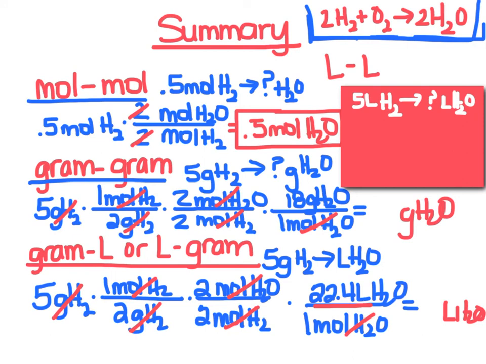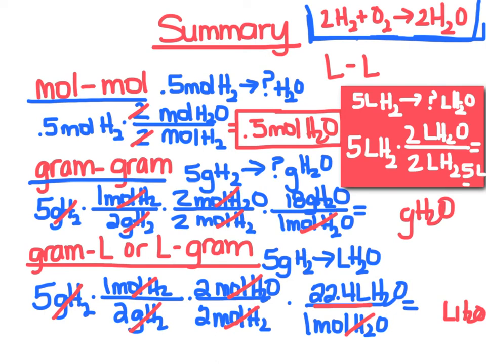Since it's a constant, 22.4, you do not have to convert to moles and then back from moles. You go straight to the middle step. 5 liters of hydrogen. Our relationship between liters of hydrogen and liters of water is a 2 to 2 relationship, which would therefore cancel. And so in this case, we would make 5 liters of water vapor.